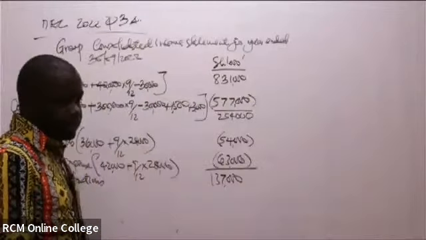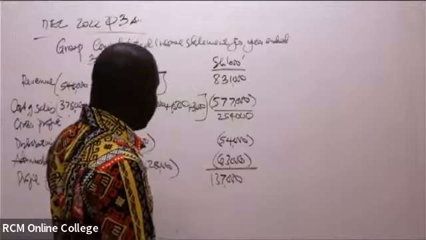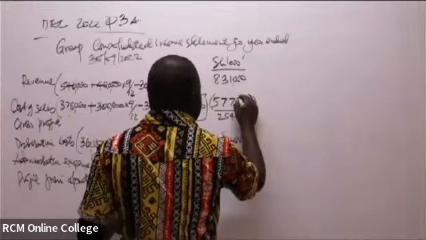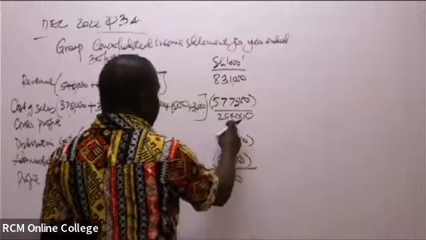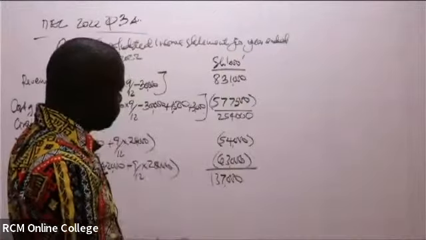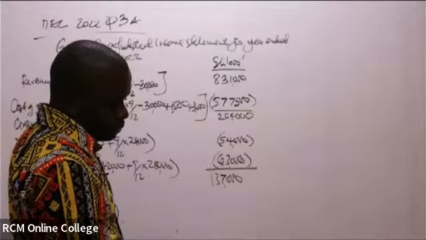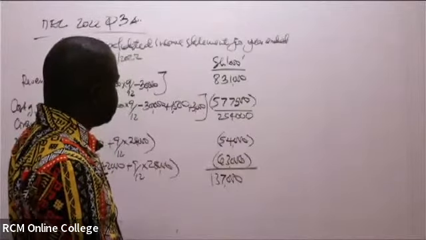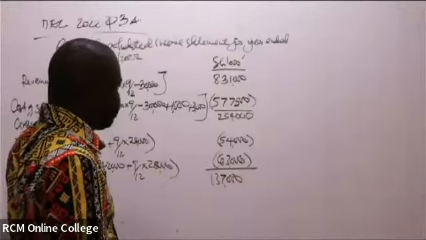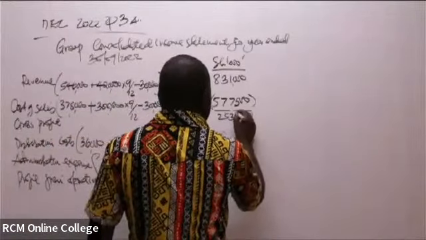So the cost of sales is 577,500. So we can correct 577,500. Then it means this figure will change. It will be 253,500.